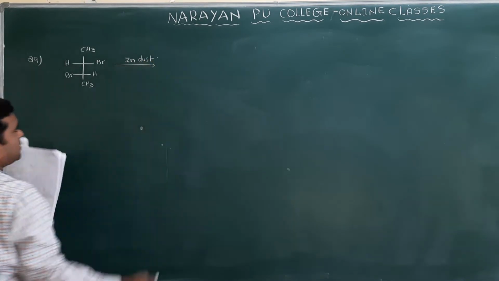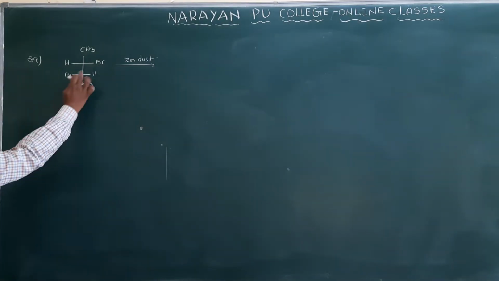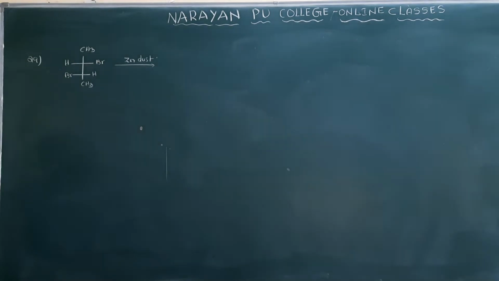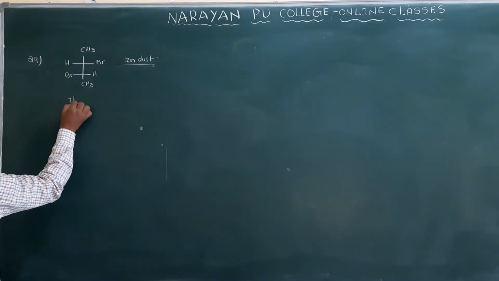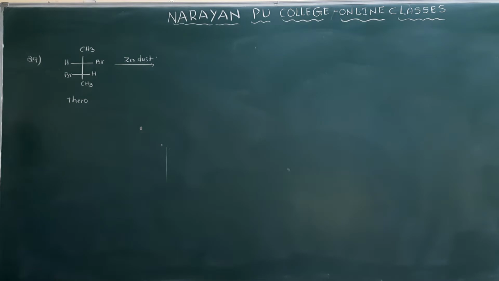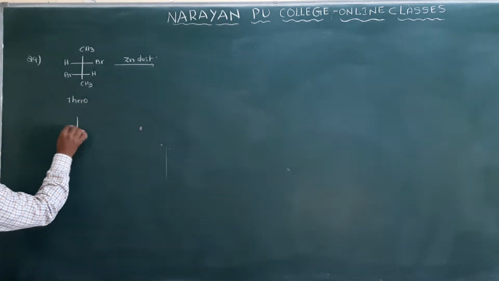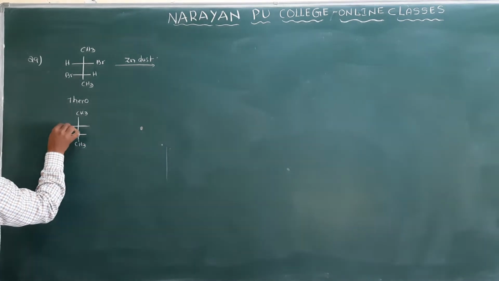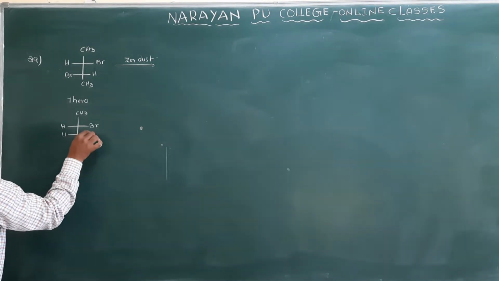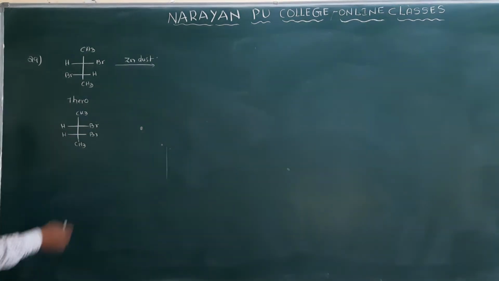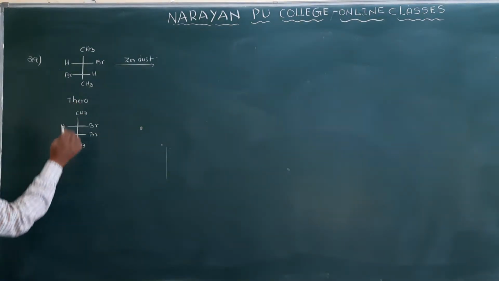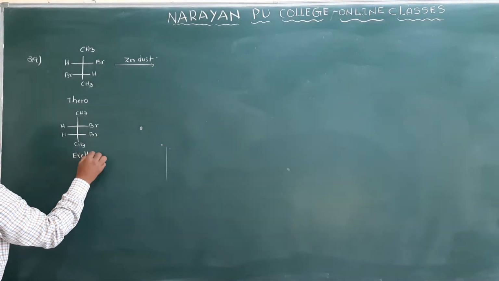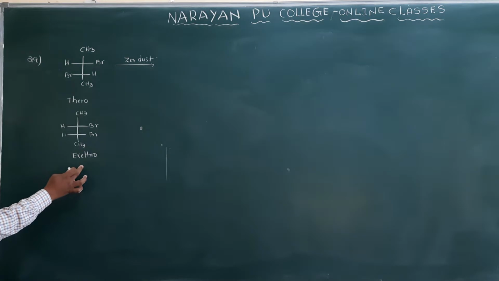In this type of compound, bromine and bromine are in opposite directions, so these types of compounds we call threo compounds. If I write CH3 and HBr and HBr both on the same side, then this is threo and this is erythro. This is the threo compound, this is the erythro compound.